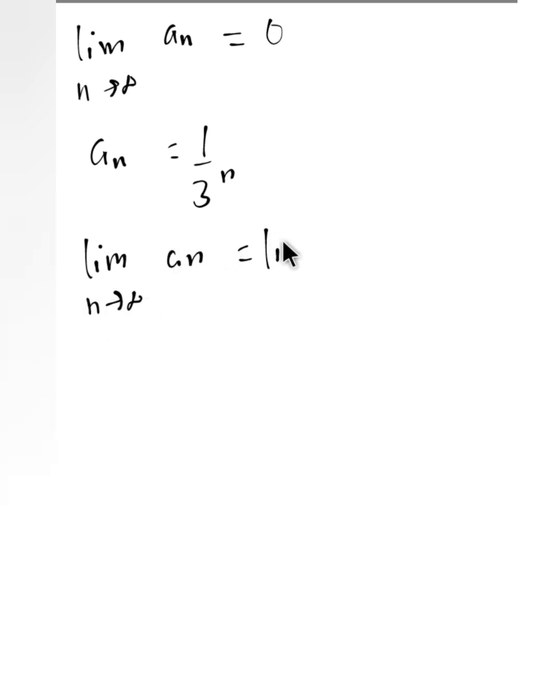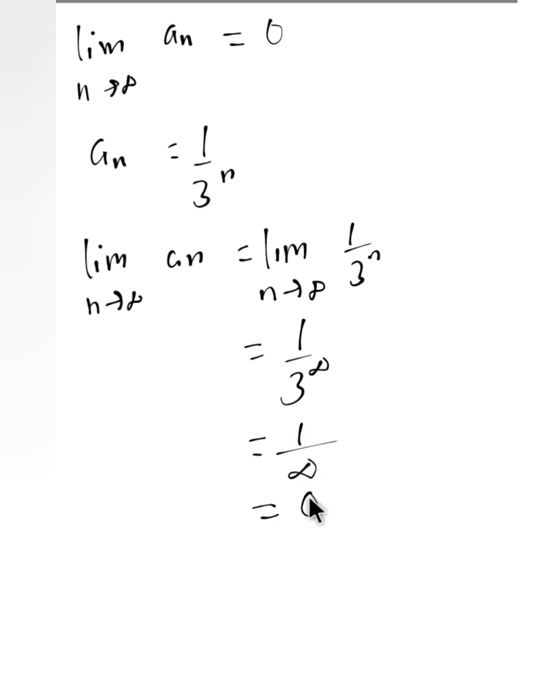This will be equal to the limit as n tends to infinity of 1 over 3 raised to power n, which is 1 over 3 raised to power infinity. We substitute infinity for n, and of course 3 raised to power infinity is infinity. And when dealing with limits, 1 over infinity is 0. Hence, the limit as n tends to infinity of a_n is equal to 0. Thus, the second condition is satisfied.